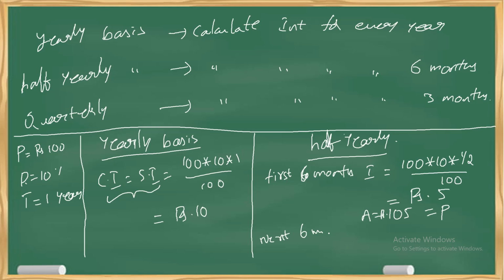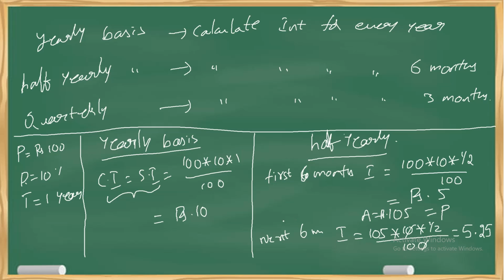So the next 6 months' interest is equal to 105 into 10 into half, by 100. So what happens to this? It is 10.5, and half of 10.5 is 5.25.